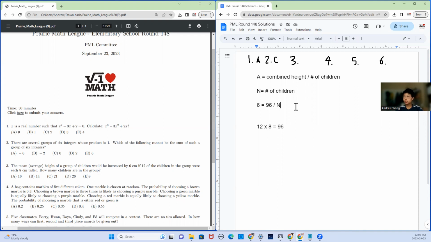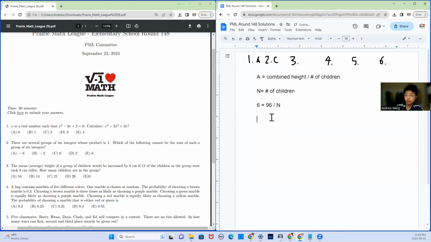We can use this equation to find the number of children. This is not to calculate the average, because the average may not be 6. That's just how much the average increased from the first time to the second time.